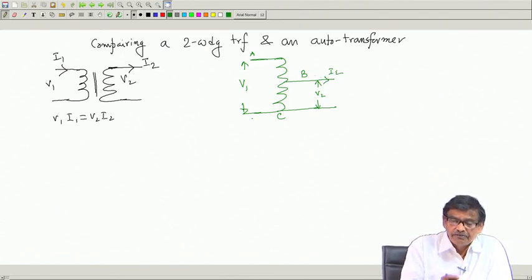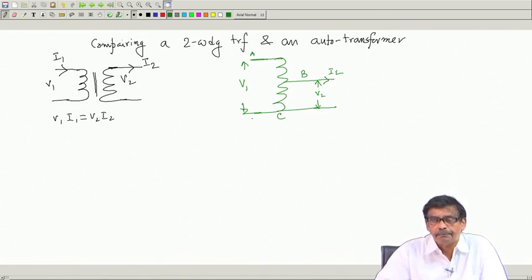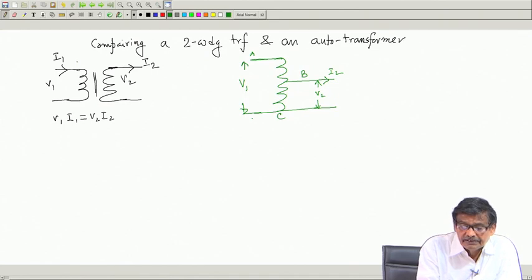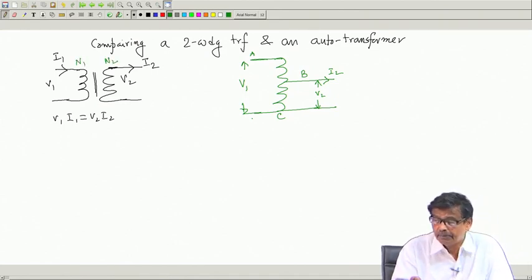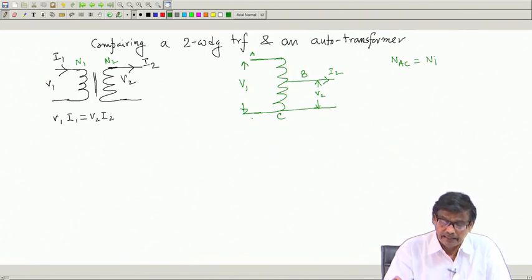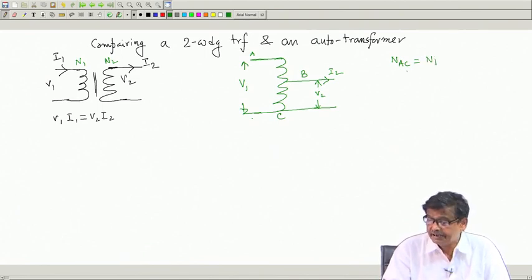Got the point? Flux in the core should be same. So, how can the flux in the core be same? If this is N 1 turns, this is N 2 turns, then I will demand that N AC is equal to N 1 and N BC here is equal to N 2, is not?